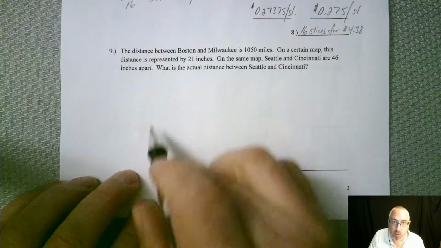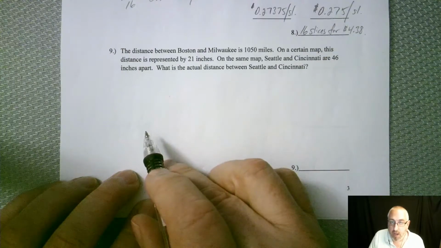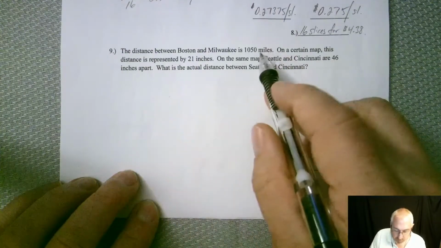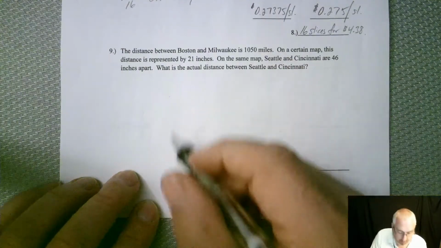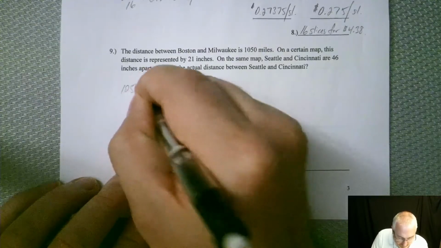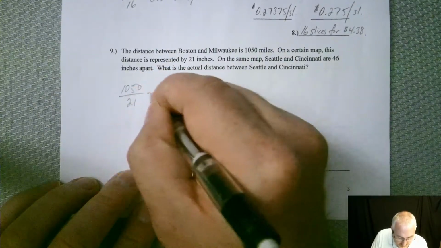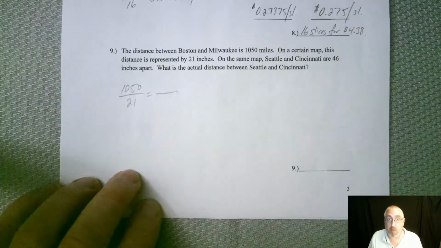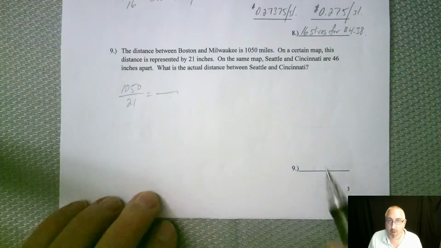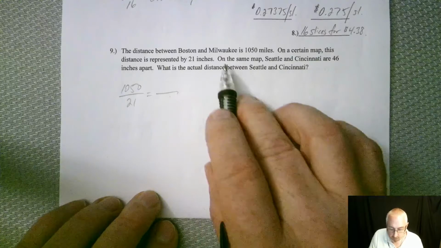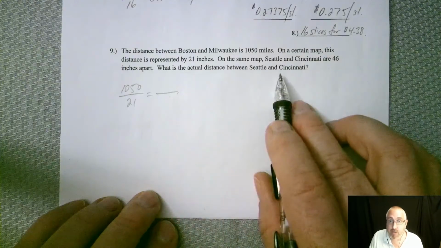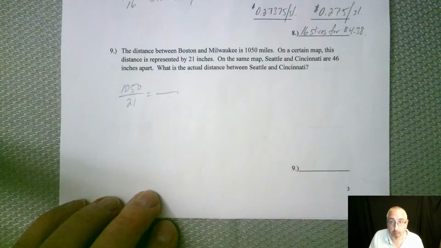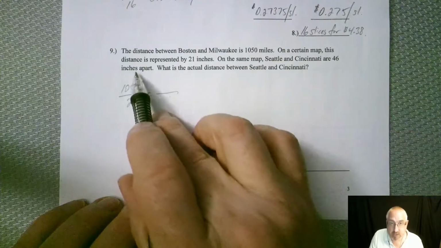Now, it doesn't really matter which way we have it set up. You can put the 1050 over 21 or vice versa. But it will give you the same result. What matters more is what you do on the other side. So we don't know what the actual distance is, so that's going to be our x. But the distance on the map is 46 inches.